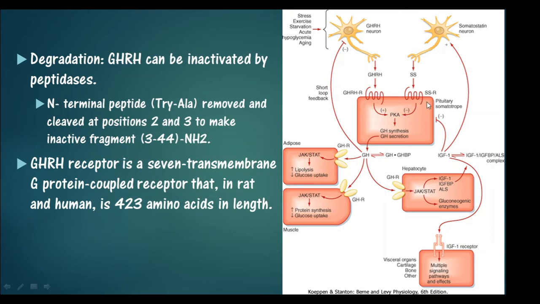And you have the insulin-like growth factor IGF, and the IGF that is synthesized over here can bind to the IGF binding protein and the ALS complex, and IGF-1 can also bind to the IGF-1 receptor on visceral organs, cartilage, bone, and other organs, and it can produce multiple signaling pathways. It also produces a negative inhibition of the pituitary as well as the somatostatin neuron. Right.